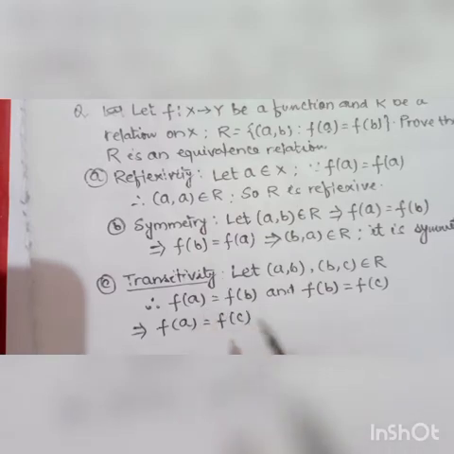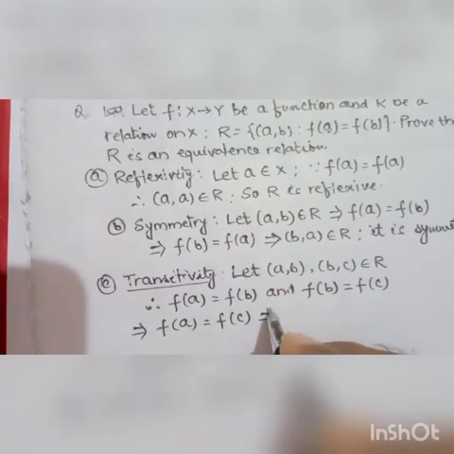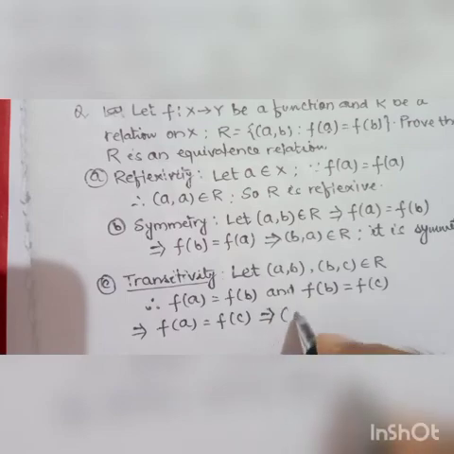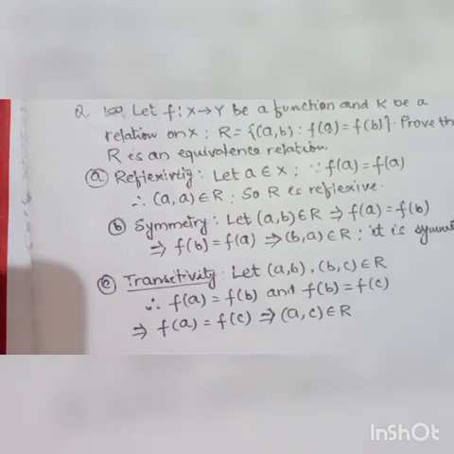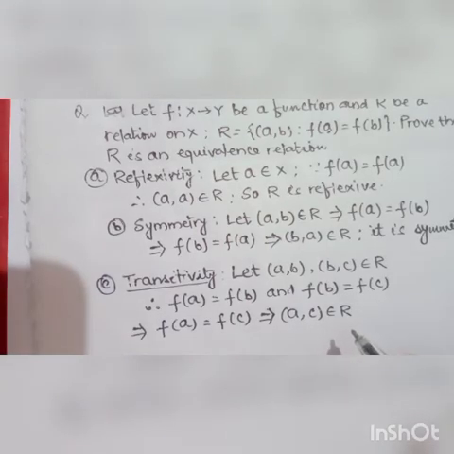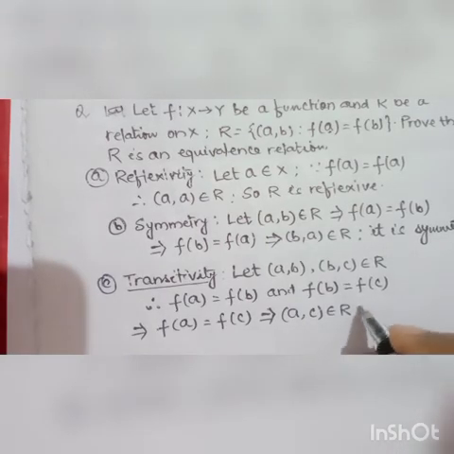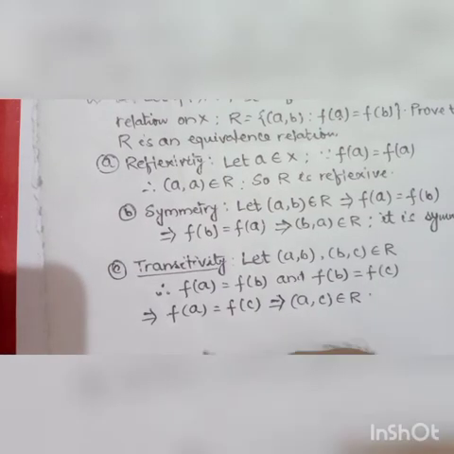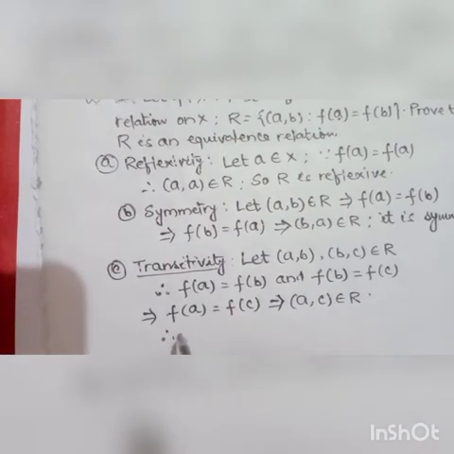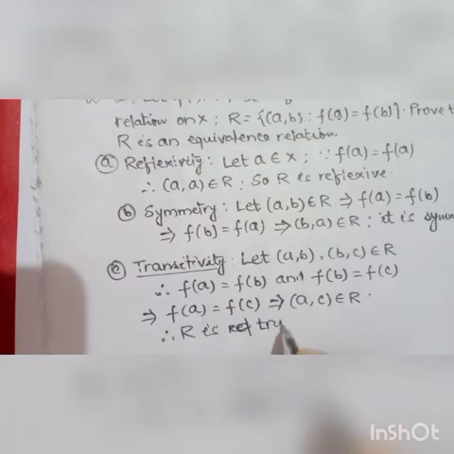From comparing these two, this gives (a, c) belongs to R. It means R is transitive.